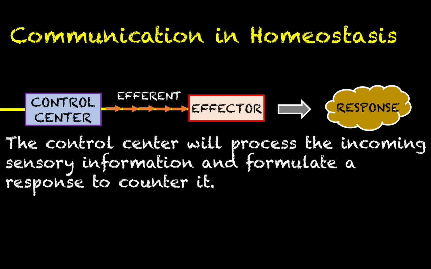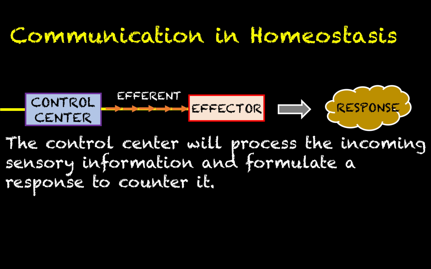Now, if we look at the back end of a homeostasis loop, the control center, of course, receives that incoming sensory information and works to formulate an appropriate countermeasure to restore homeostasis. If the blood pressure is too high, we've got to figure out a way to bring it back down. If the blood glucose is too low, we've got to figure out a way to bring it up.